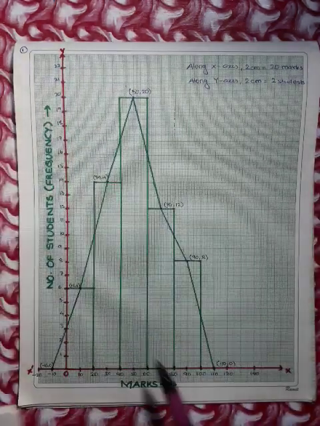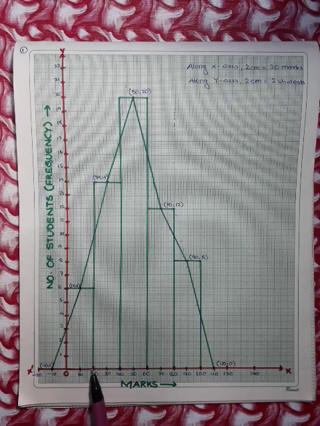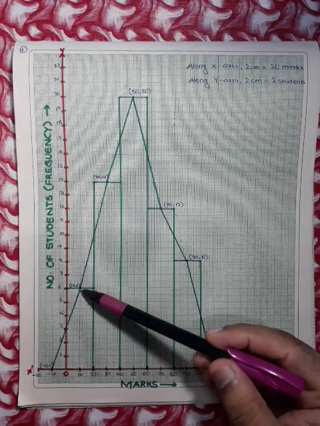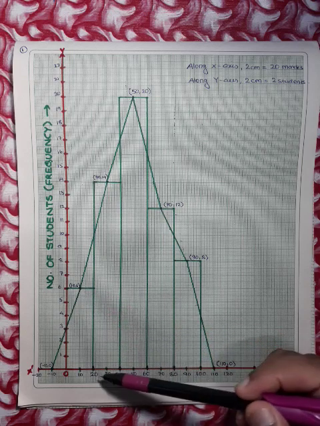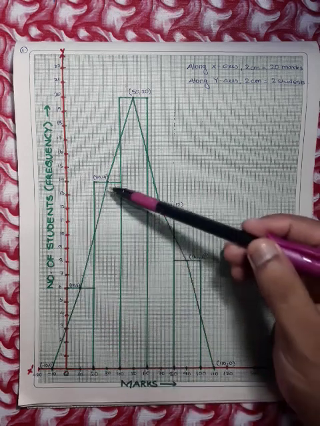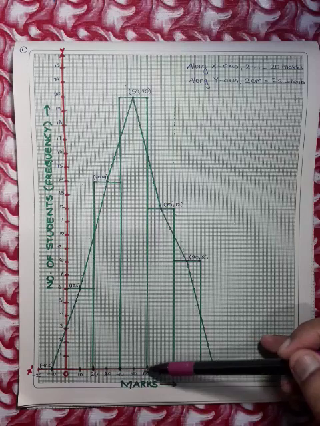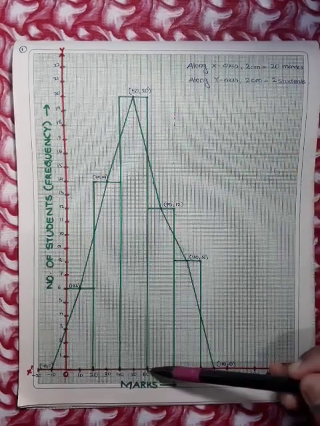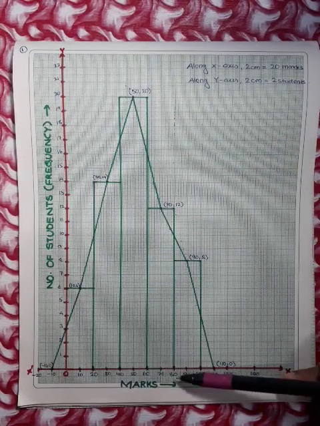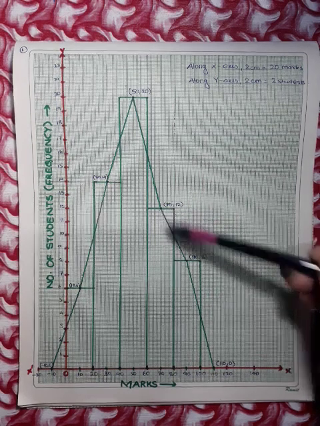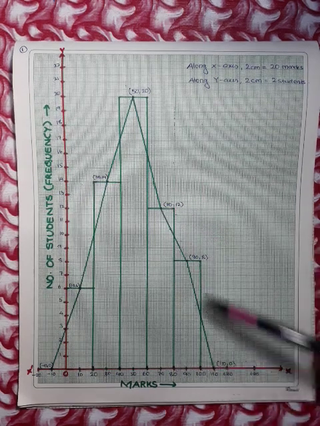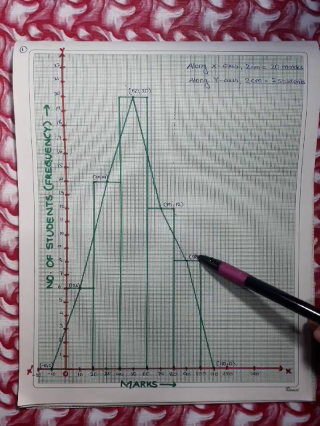So for 0 to 20, the middle value is 10. Similarly, 20 to 40 middle value is 30, 40 to 60 middle value is 50, 60 to 80 middle value is 70, and 80 to 100 middle value is 90.